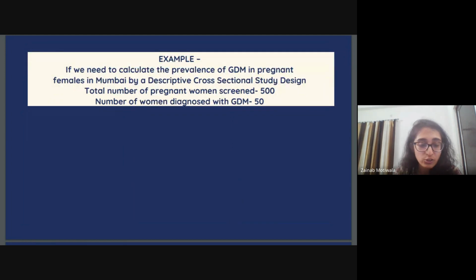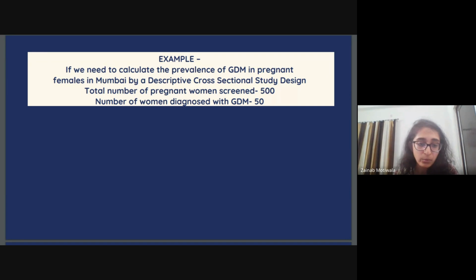To further understand this and get this concept nailed down, let's practice an example. For example, now we are looking at the prevalence of gestational diabetes mellitus in pregnant females in Mumbai by a descriptive cross-sectional study design.